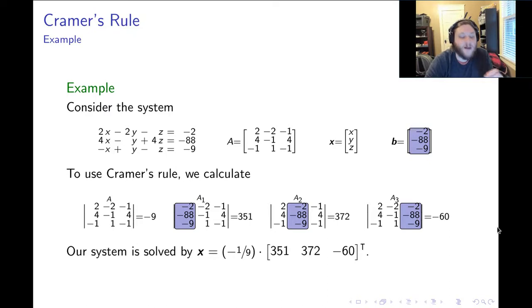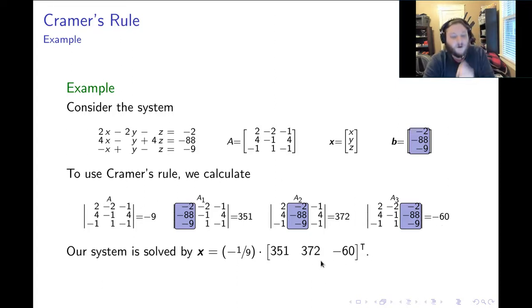So now Cramer's rule tells me what the solution to the system is. It's 1 divided by the determinant of A, so that's -1/9, multiplied by the vector of determinants that we just calculated. So we get 351, 372, -60 in that vector.